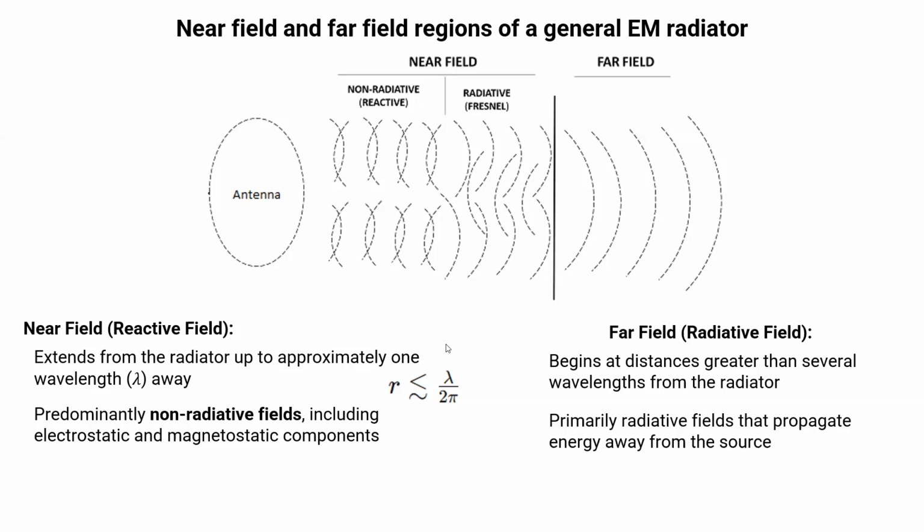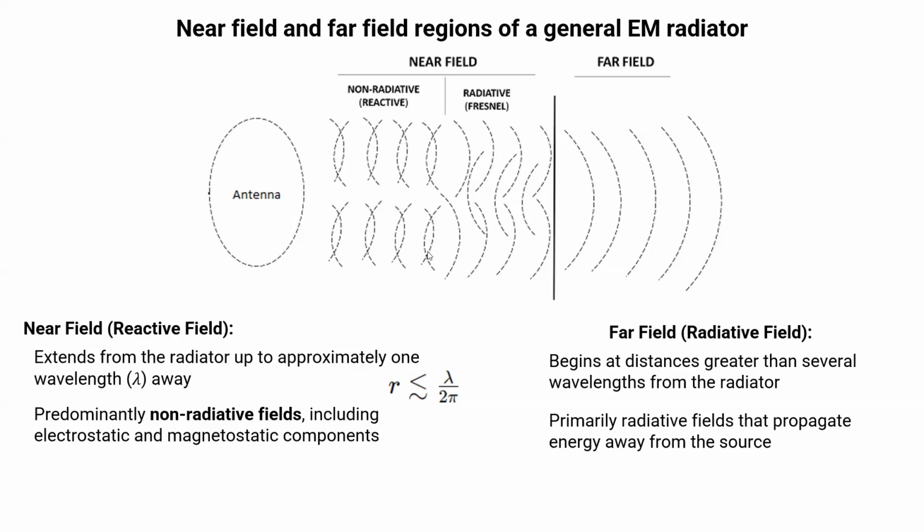The second point is that the far field can freely propagate and move the energy away from the radiator, from the antenna. However, the near field doesn't propagate.